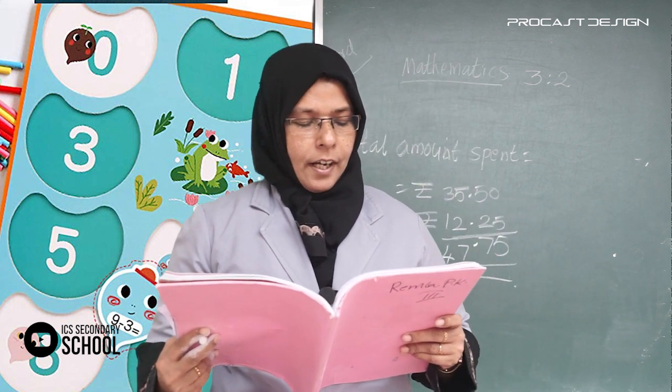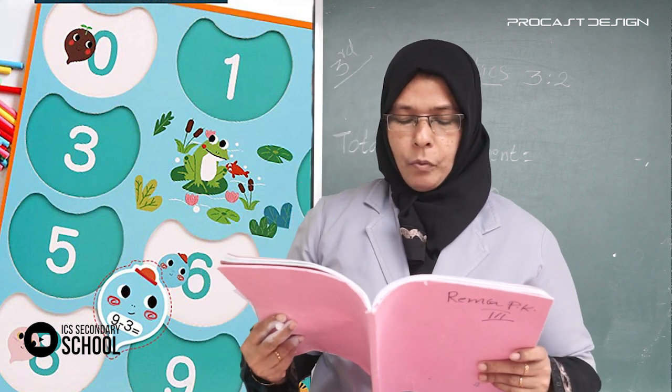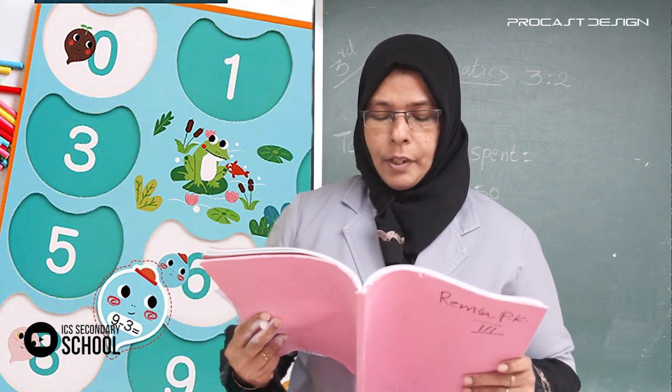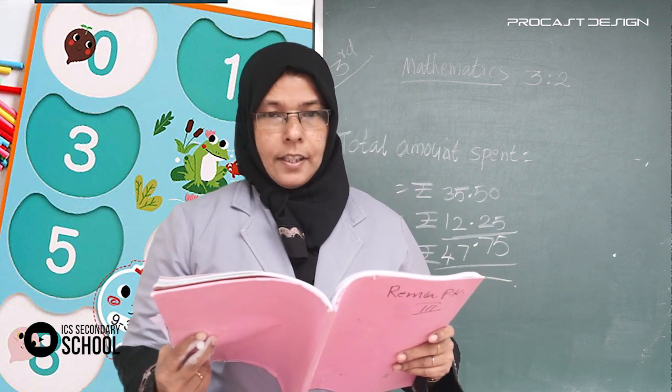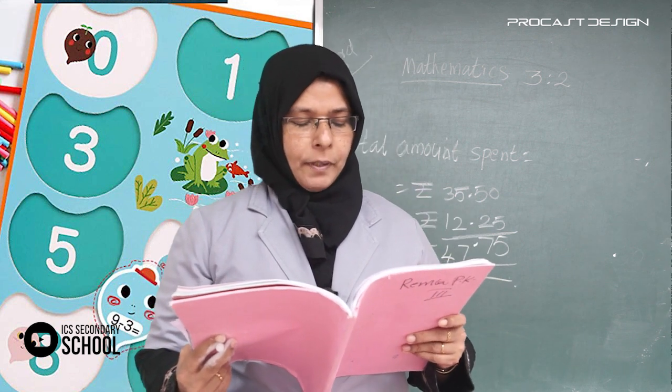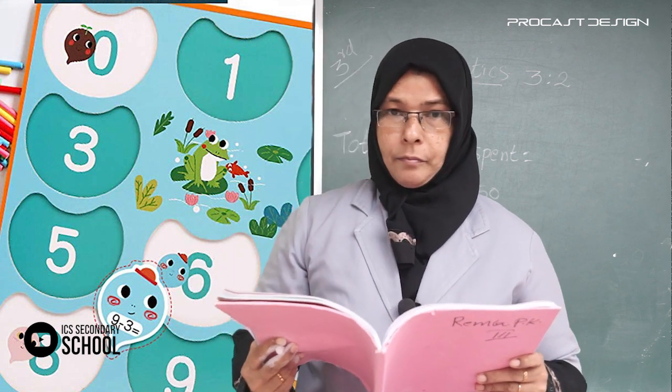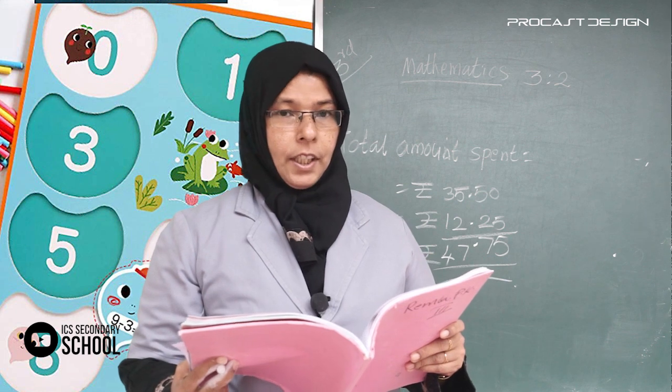Next, Amit had rupees 48 with him. He bought a book for rupees 37 and 75 paise. How much money is left with him? The question is, how much money is left with him?